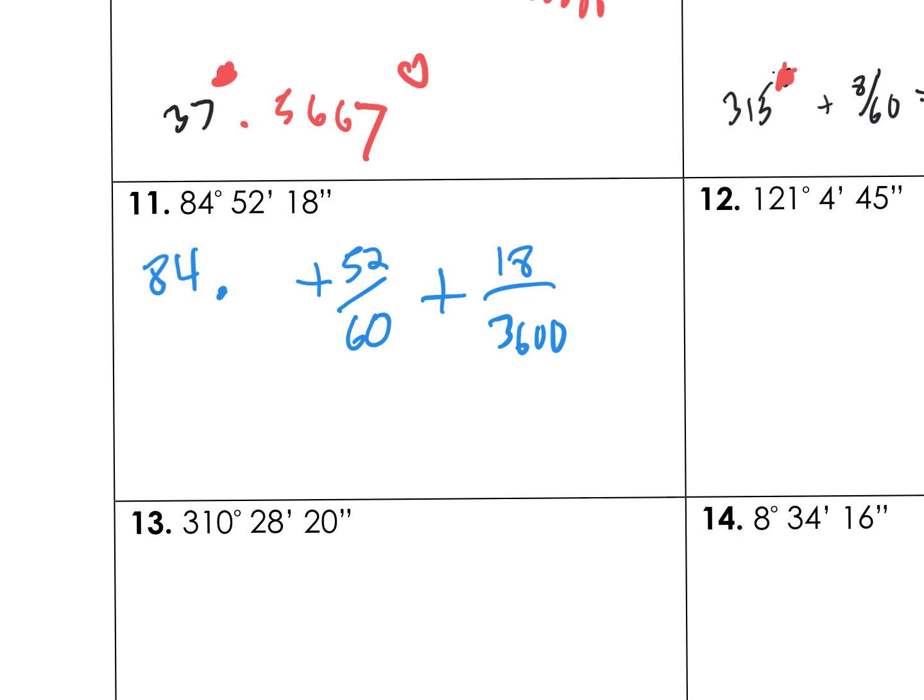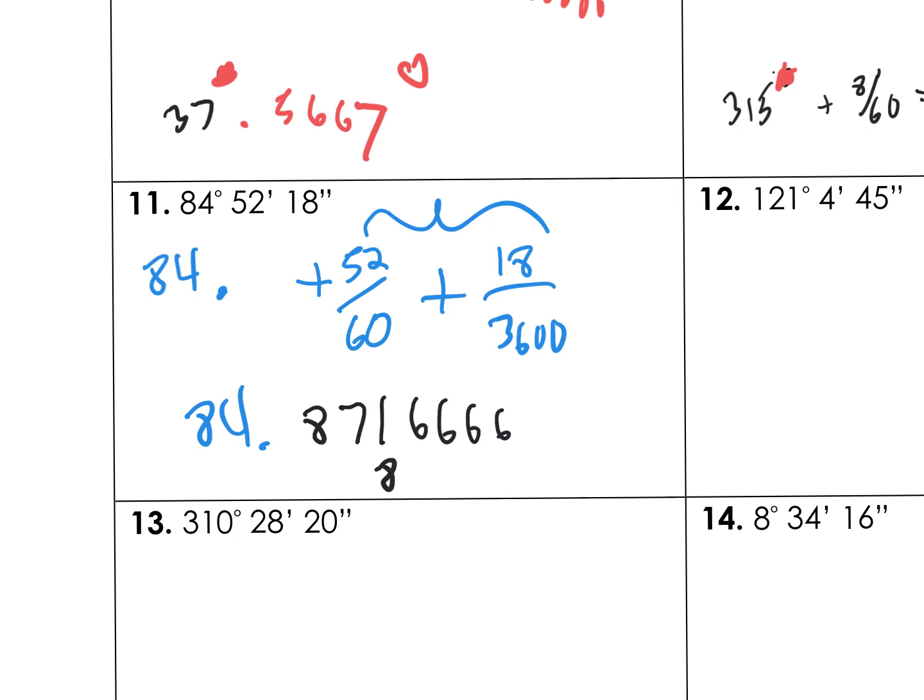So I'm going to do that mathematics. That's going to be 84 plus, so these are the decimal parts, just added together. Take your time, see if you get it right. .871 with a bunch of sixes. So probably 84.8717 would be appropriate.